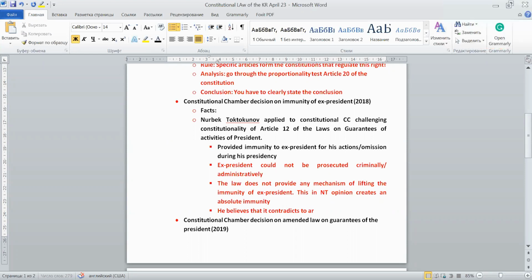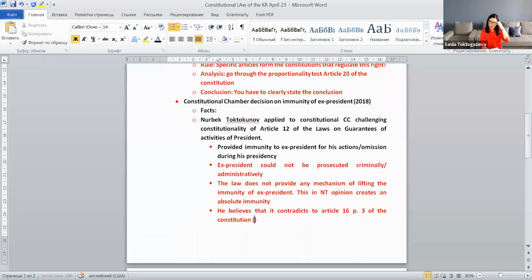Of equality. Equality before what? Before the law, and the court. Good.